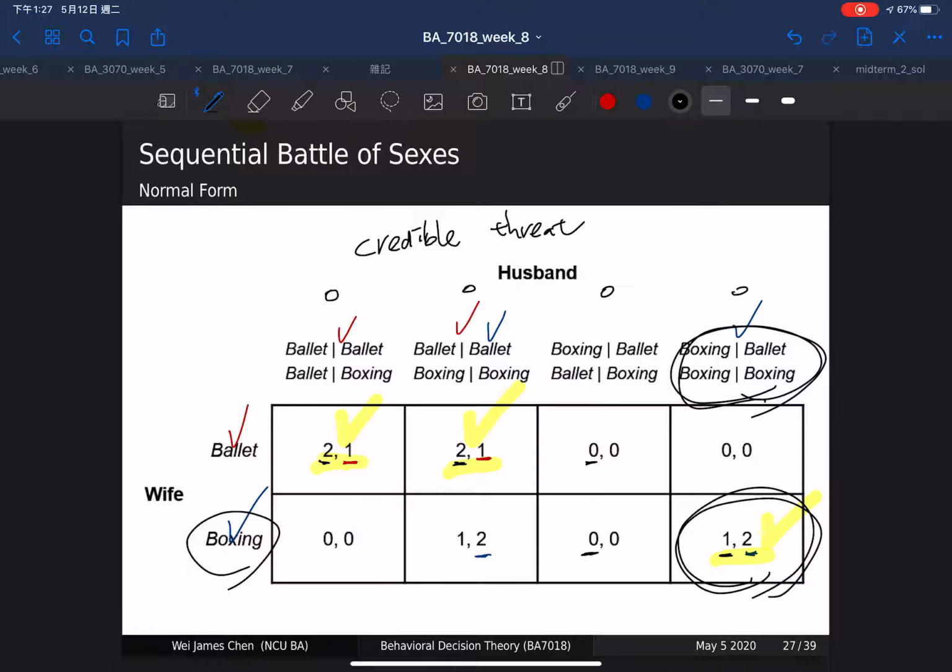What is this strategy? Can someone translate that into English for me? Come on. Anyone? Yes, no matter what the wife does, I will always choose boxing. Do people understand why I say this is clearly a threat?